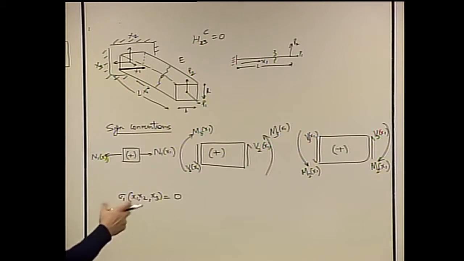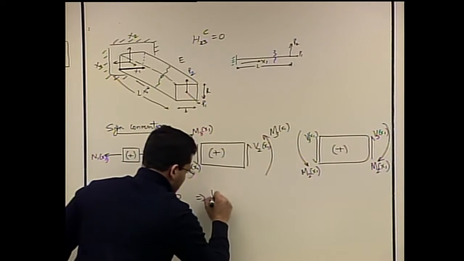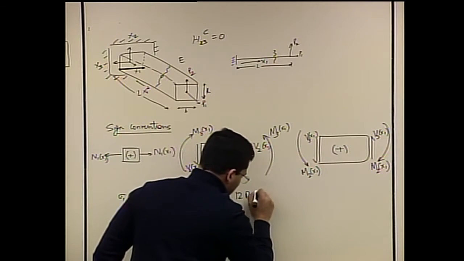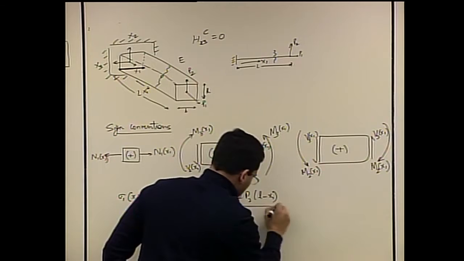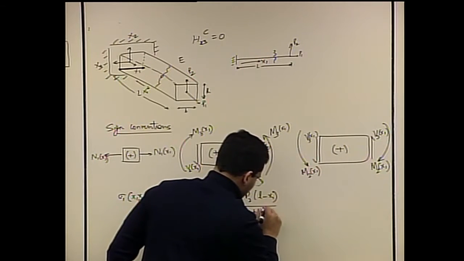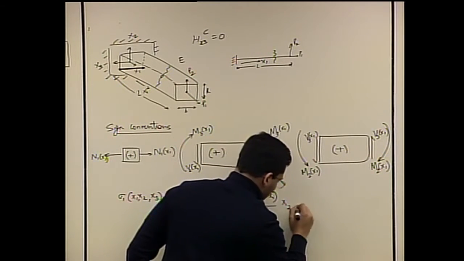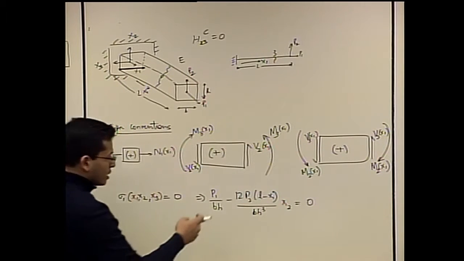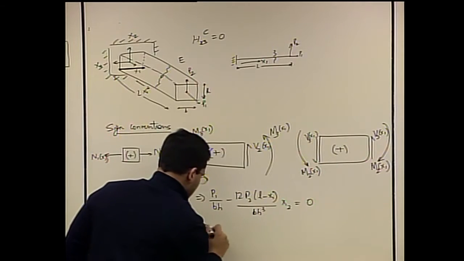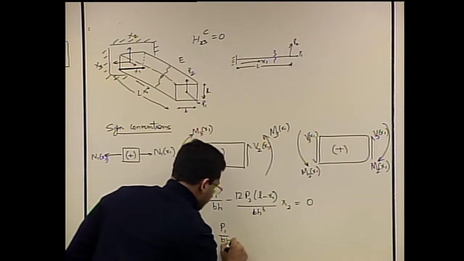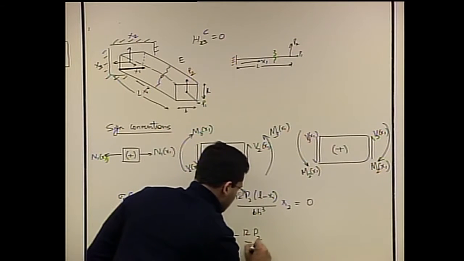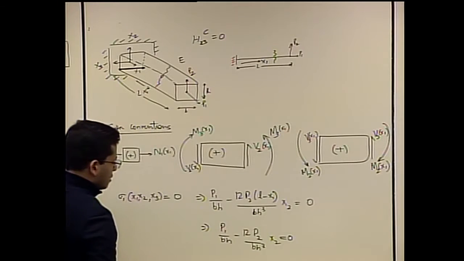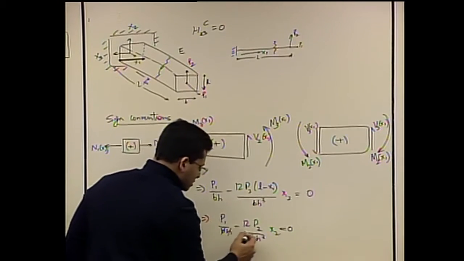So what happens? P1 over BH minus 12 P2 L minus x1 over BH cube times x2 is equal to 0. We are looking at the root, so x1 goes to 0. So we can simplify some things.